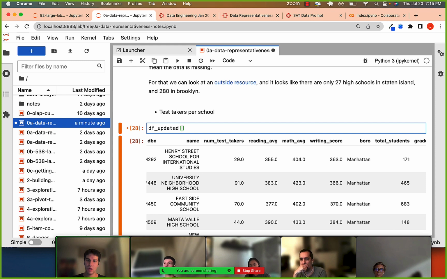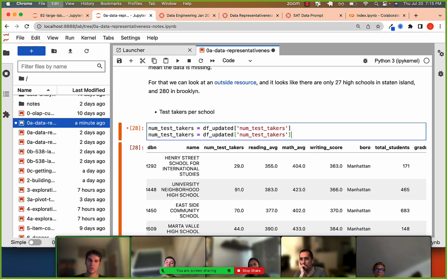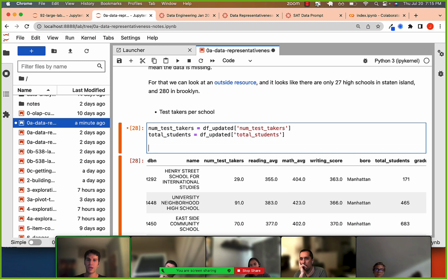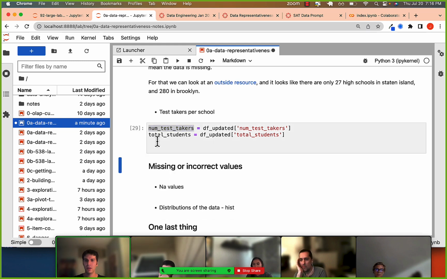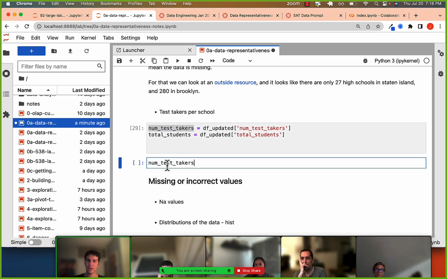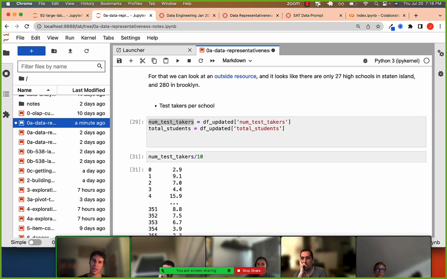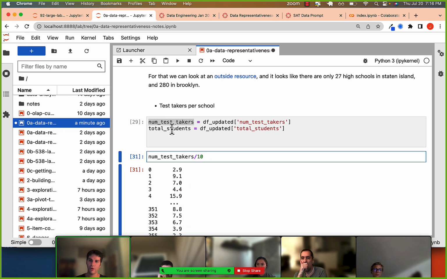The way I did this was, select the number of test takers. So we'll call this the number of test takers. And then also select the total number of students per school, right? And then we can divide them. So in Pandas, you can divide, say you have this total number of test takers, this is a series. You can divide a series by a number, like 10, right? Or you can divide it by another array.